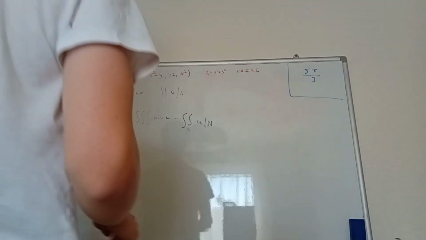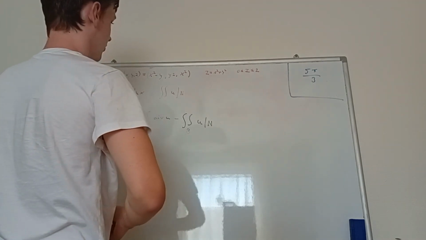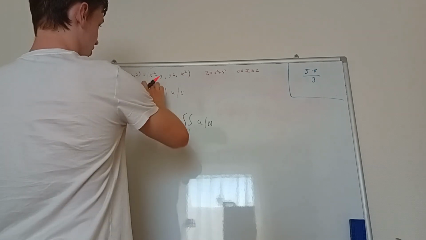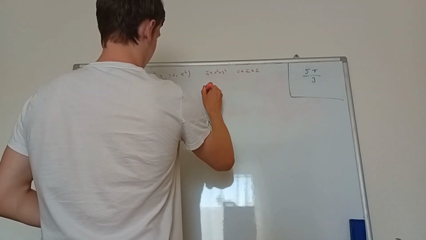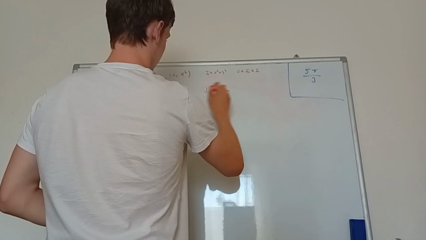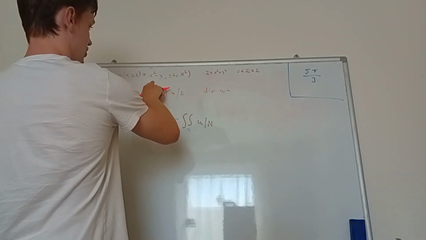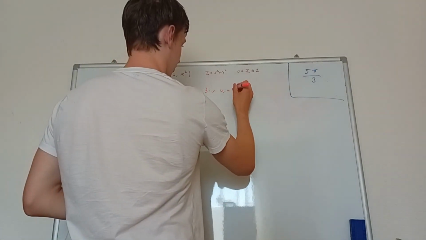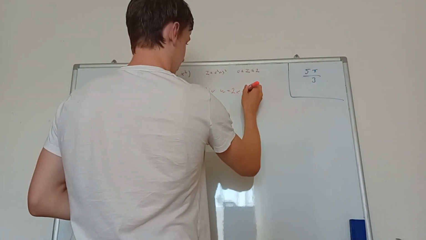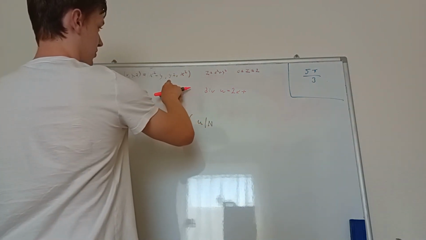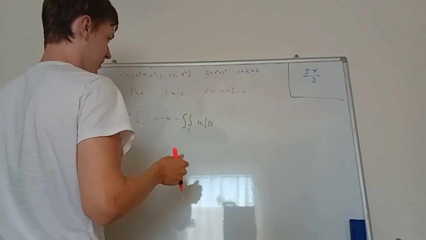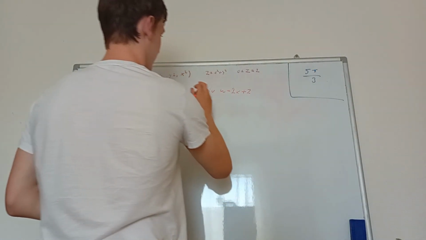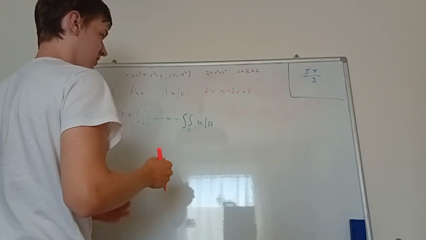So let's begin by finding the divergence of u. We're going to find the partial derivatives of each component of the vector field. The divergence of u is the partial of x squared minus y with respect to x, so that's 2x, plus the partial derivative of yc with respect to y, which is c, and the partial derivative of x squared with respect to c is 0.